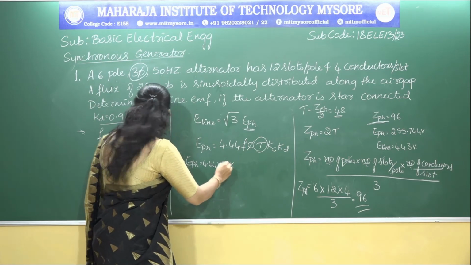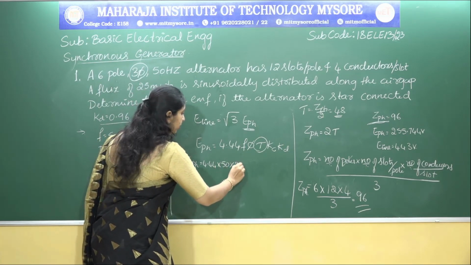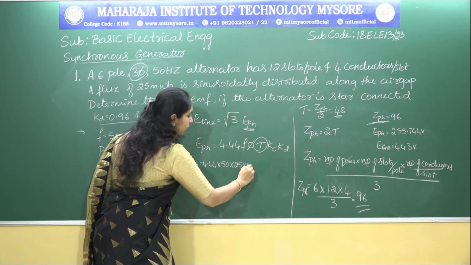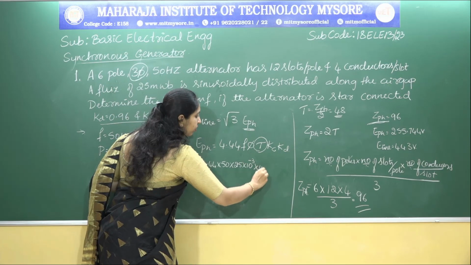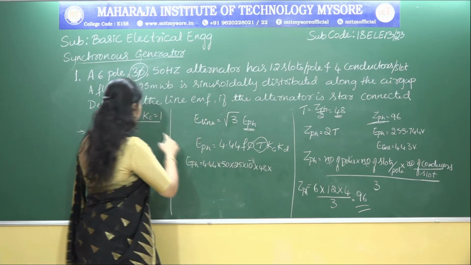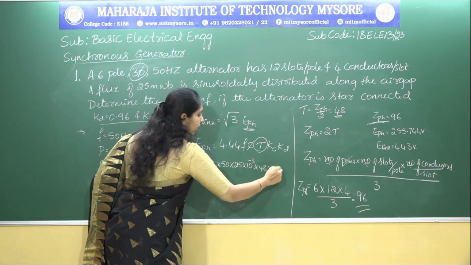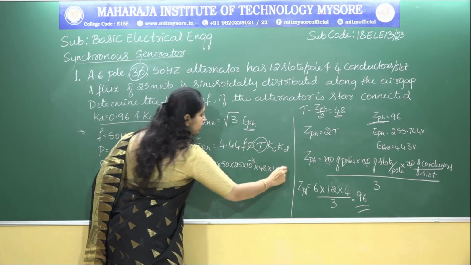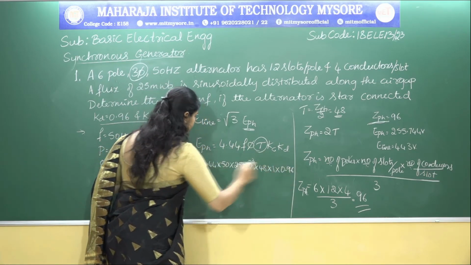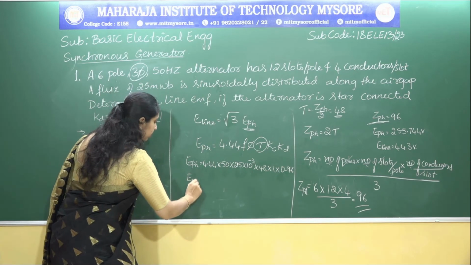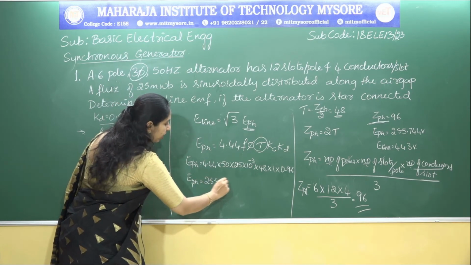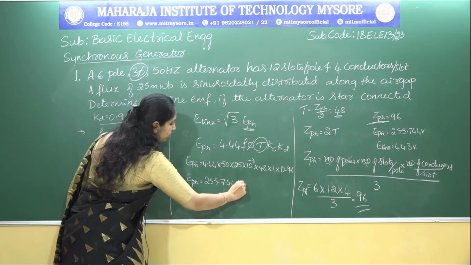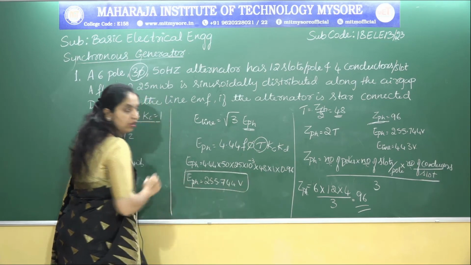Frequency is 50, into 25 milli, and since it is milli, we take 25 into 10 power minus 3, into T. T is equal to 48. Kc is equal to 1, and Kd is 0.96. Simplify this equation, and you will get EPH as 255.744 volts.